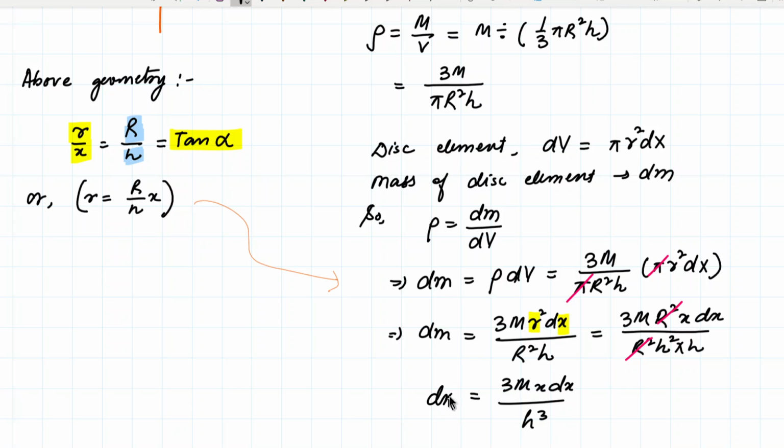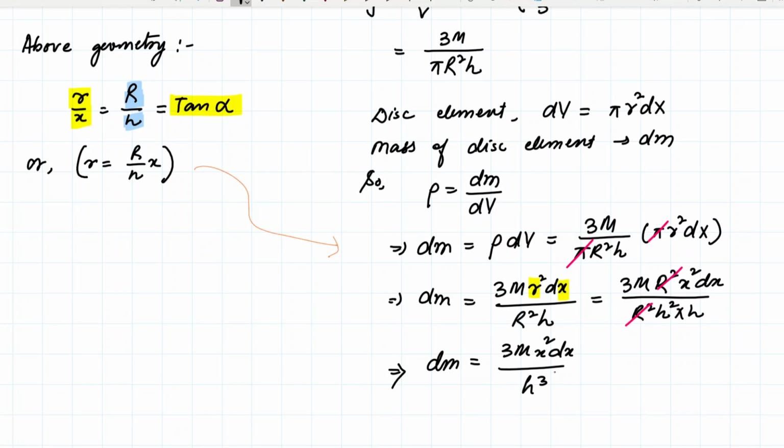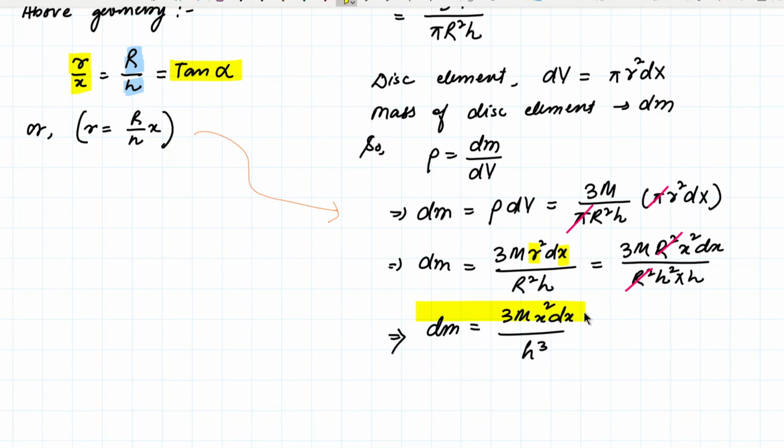This is dm. Sir, x square should come. Where did the square go, sir? R square x square should come. Yes, x square will come, okay. All right, so this is the mass of the disk element. Okay, that's it. So this is the mass of the disk element.